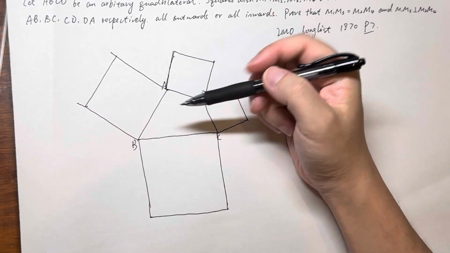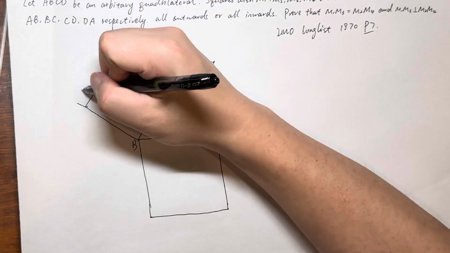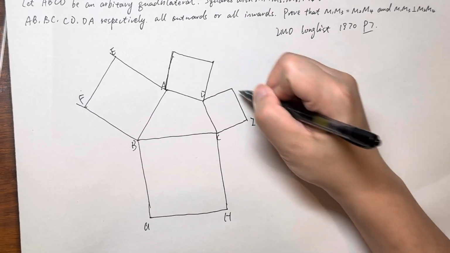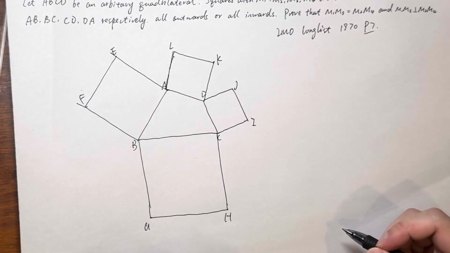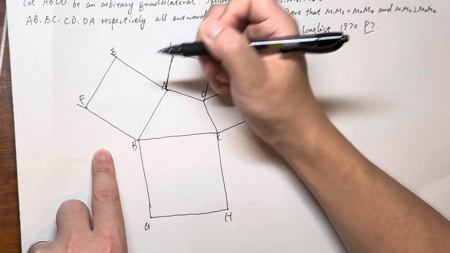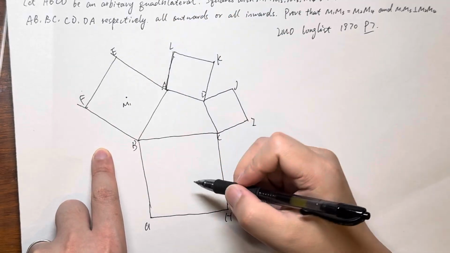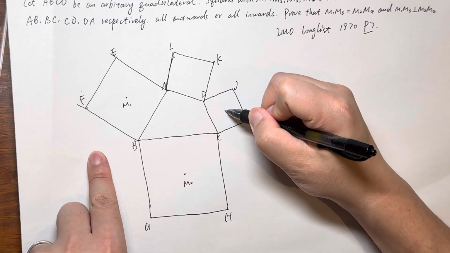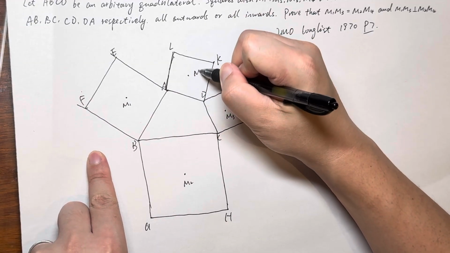Let's give them names A, B, C, D, E, F, G, H, I, J, K, L. Right, and the center would be M1, this center would be M2, this center would be M3, and this center would be M4.